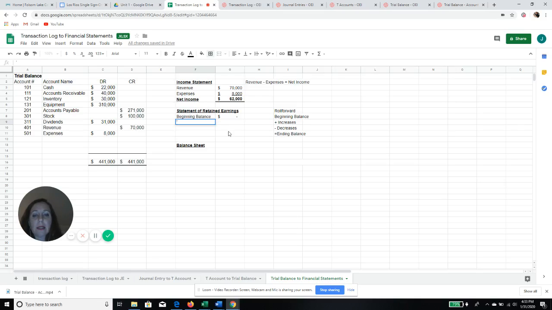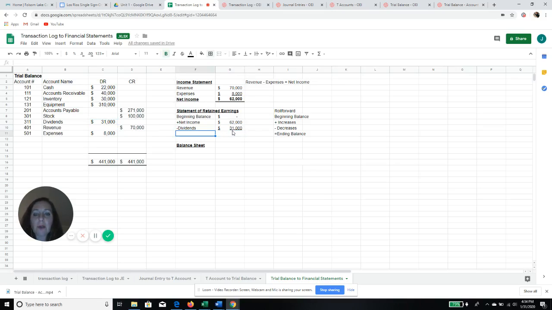Then plus net income. Our increase is net income. We're going to use the $62,000 we calculated in the income statement. And then minus our decreases. And our decrease in our statement of retained earnings is dividends. So I'm going to use my dividends total from my trial balance.